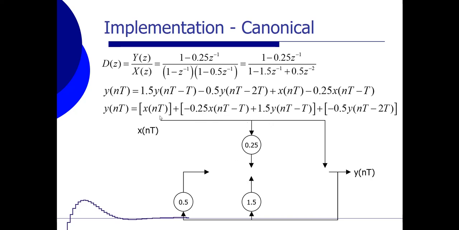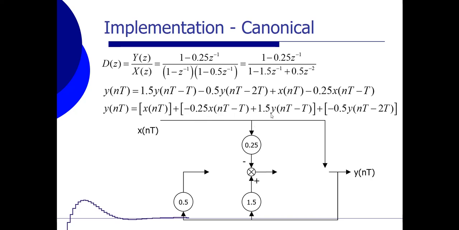So now we are going to realize this part of the difference equation. So I'm going to add the input signal to this part of the combined input and output signal, which are delayed one sample. So this is my input signal delayed one sample. Here's the minus.